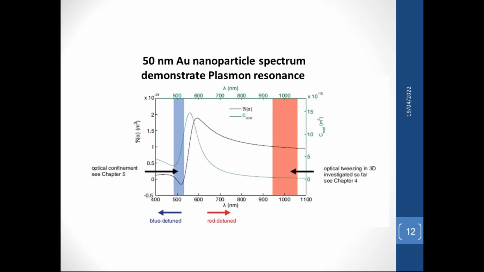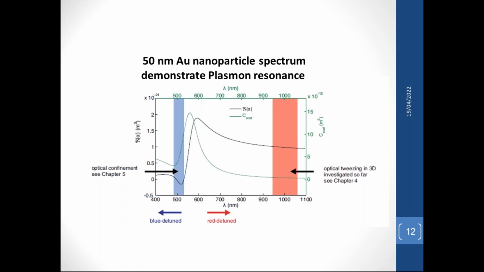To measure the plasmon resonance for the AU nanoparticles, we usually measure their absorption and the transmission in the visible to infrared range. What we are doing here is that we are using the AU nanoparticles in the red detuned resonance based on our laser wavelengths.